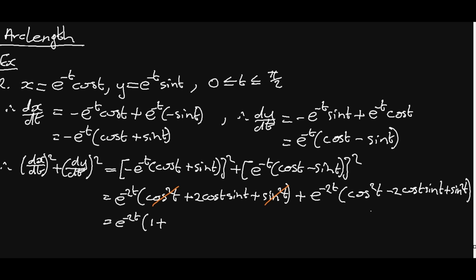Again, the cos squared and the sine squared here, we get another 1 from there. And then another thing that we see is that the 2 cos and the sine, there is a minus here, same value, so this one is gone. So we just have 2 e raised to minus 2t.